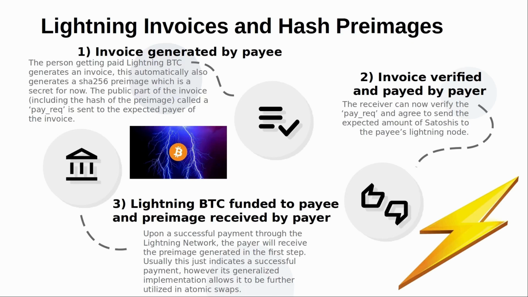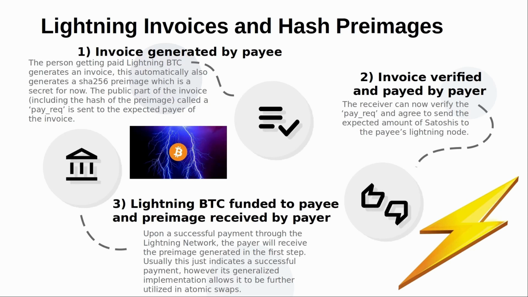So how does Lightning use hash preimages? So they use hash preimages in their invoices. An invoice is generated by the payee, the person receiving the payment, and it also automatically generates a SHA-256 preimage without the payee needing to do anything.